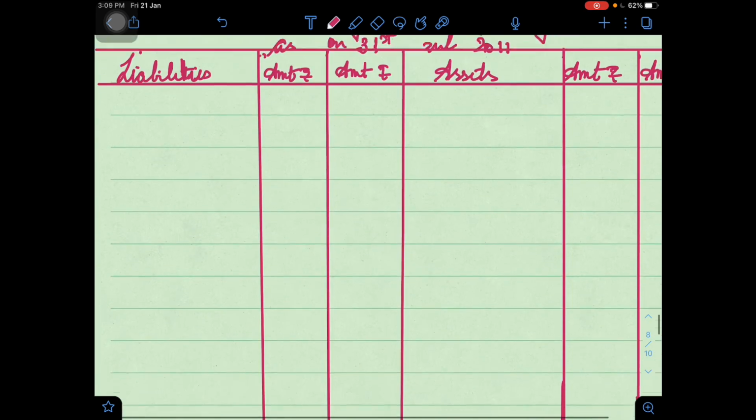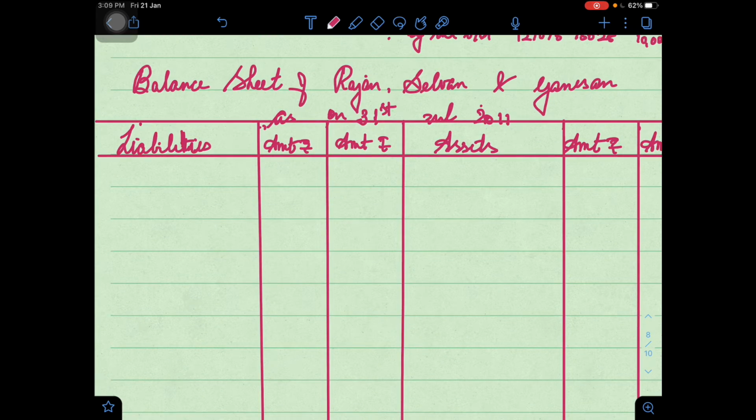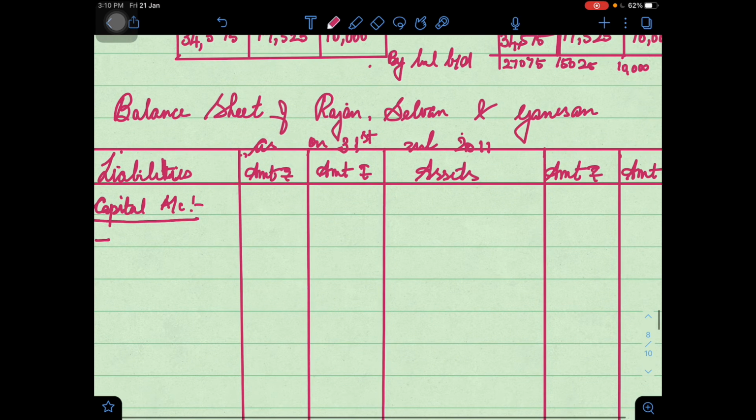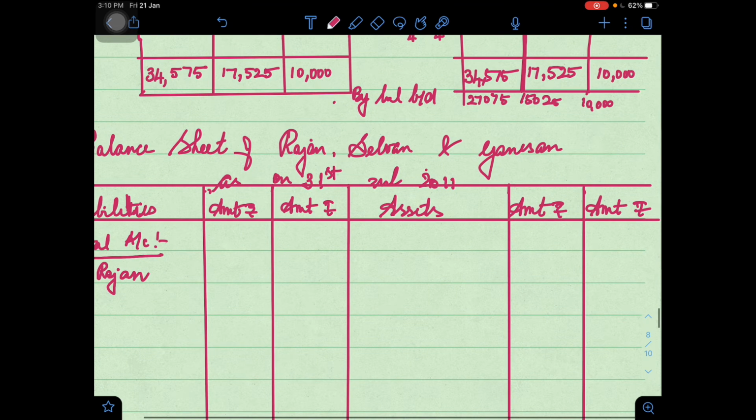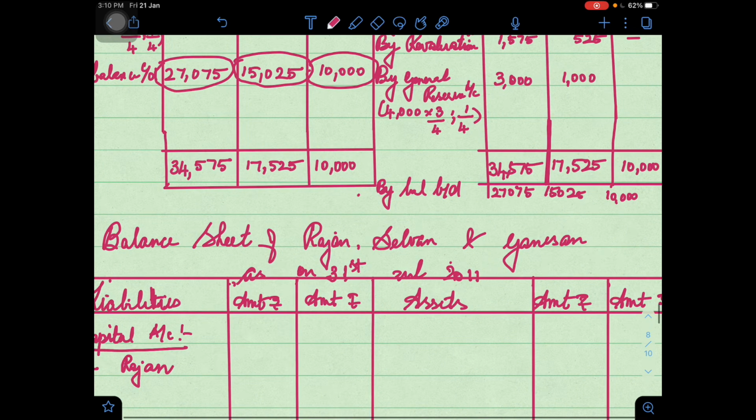Now liabilities, you will be recording the capital accounts. First the partner is Rajan. You can just see the balance here. Rajan got a balance of 27,075.